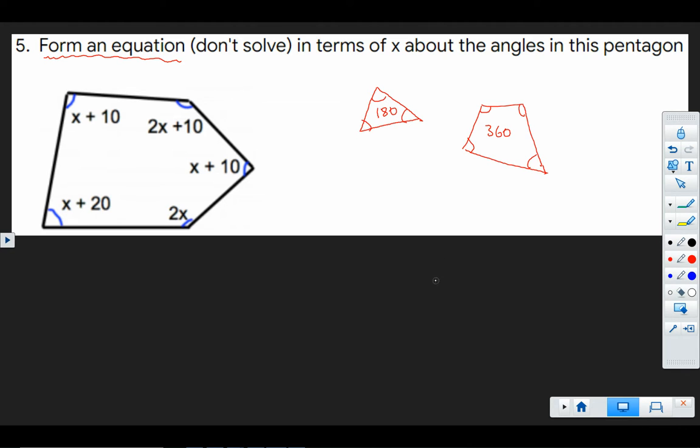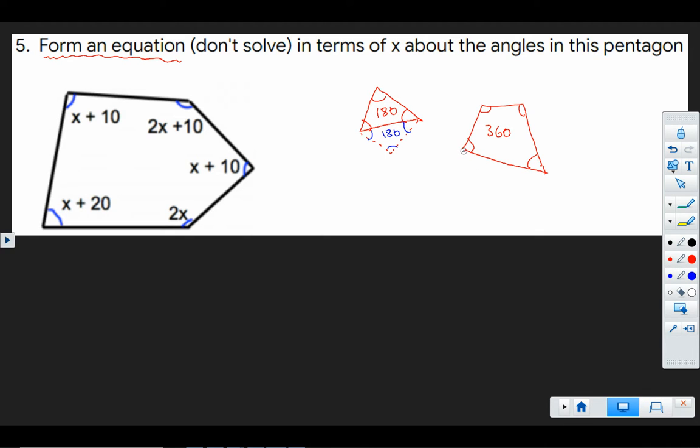Now, why is that? Well, the answer is that if I took my triangle and added a further triangle to it, then its angles of 180 would end up summing with the other one to make a total of 360.